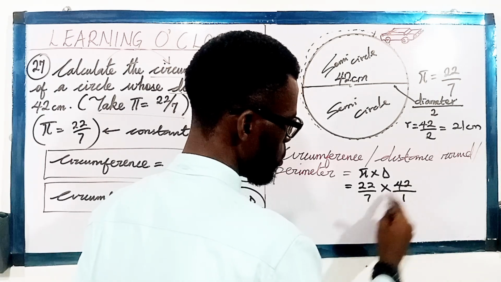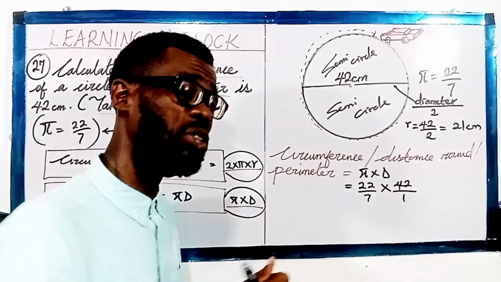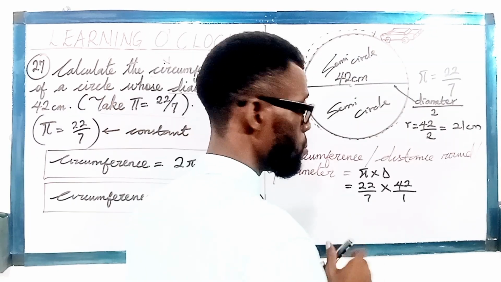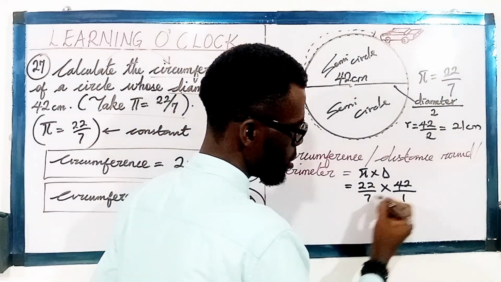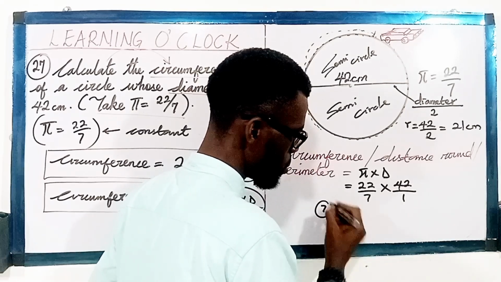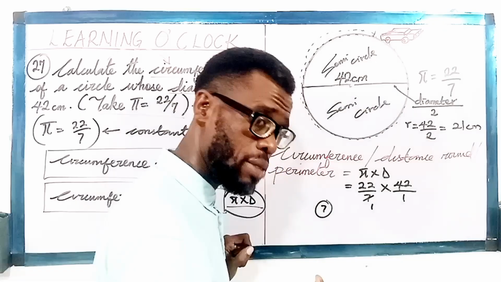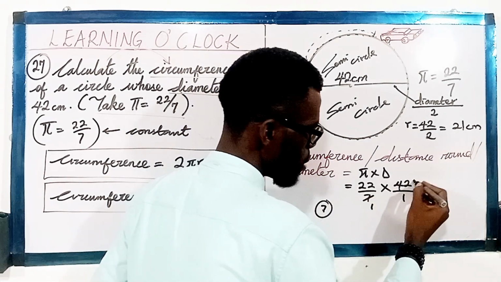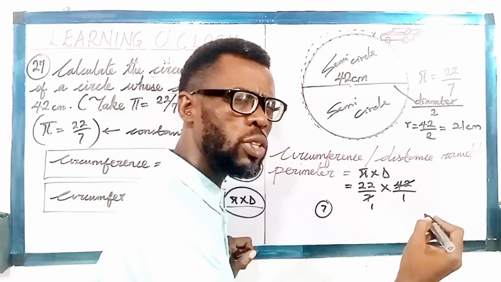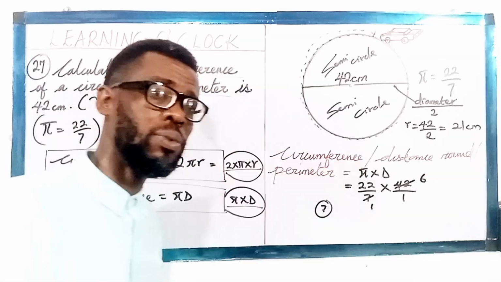What number can divide this and this? 7. So 7 divided by 7 is 1, and 42 divided by 7 is 6.